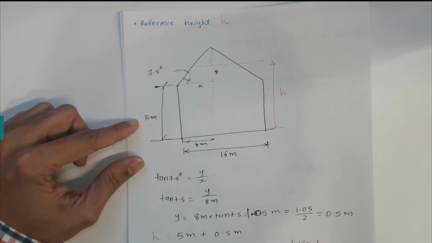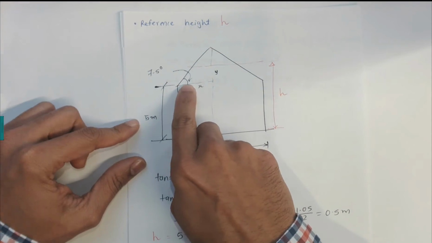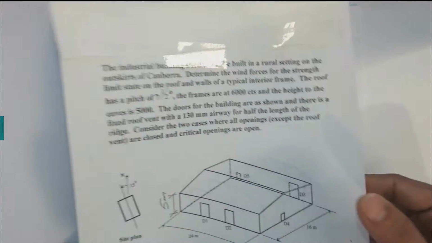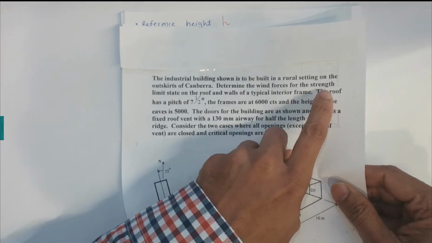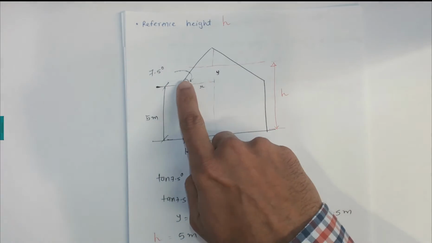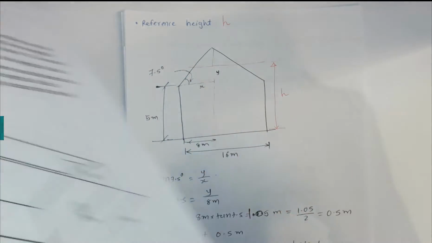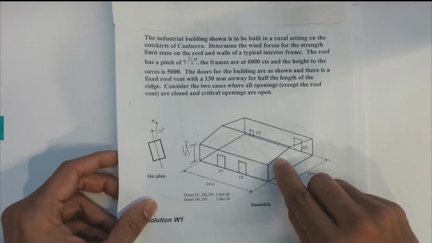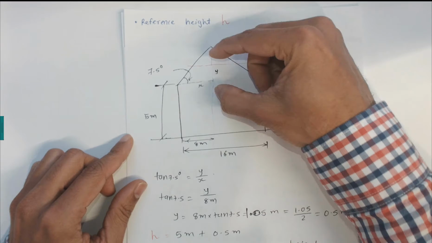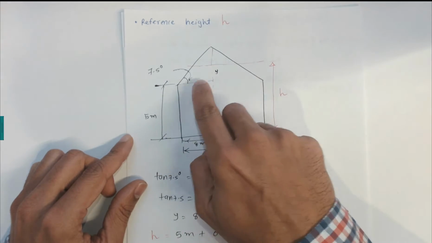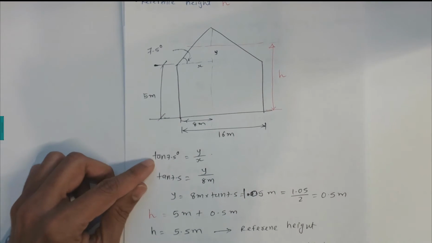Now the pitch of 7.5 degrees is given in the question. So if I read the question here, a 7.5 degree roof pitch is given. It's located here. If I draw the horizontal line here, that angle is 7.5 degrees. Now I'm interested in finding this height, so I can use the tan ratio.